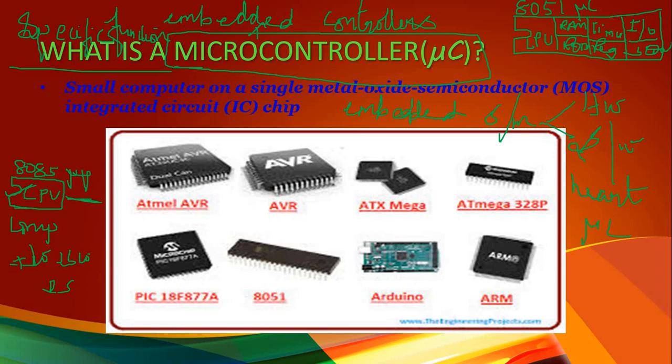But for each controlling function, I need a separate microcontroller. So in one device I can use a number of microcontrollers, but a microprocessor cannot be used like that. Only one microprocessor can be used in a system, but that one microprocessor itself will do many tasks. Here, the microcontroller will do only a specific function, but we can use a number of microcontrollers.